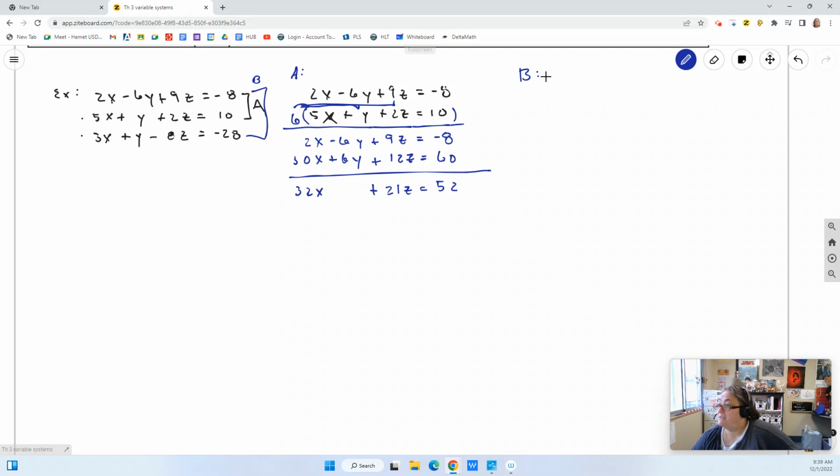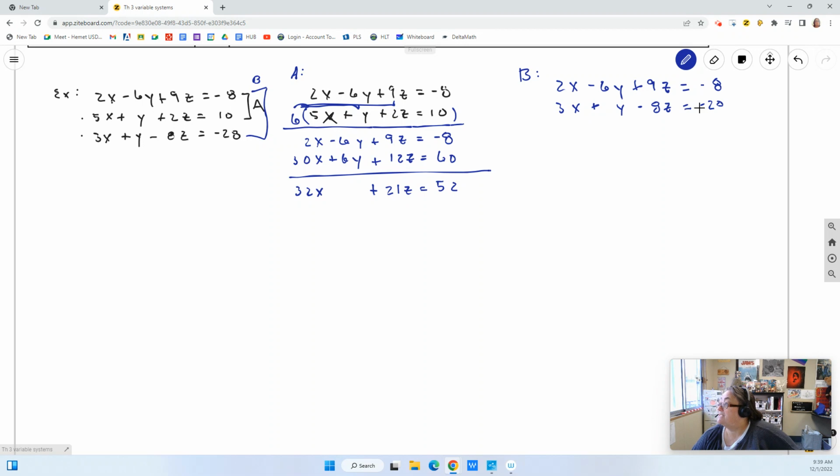So I'm going to rewrite the top one. I'm going to go 2x minus 6y plus 9z equals negative 8. And then I'm going to go, okay, we've got 3x plus y minus 8z equals negative 28.